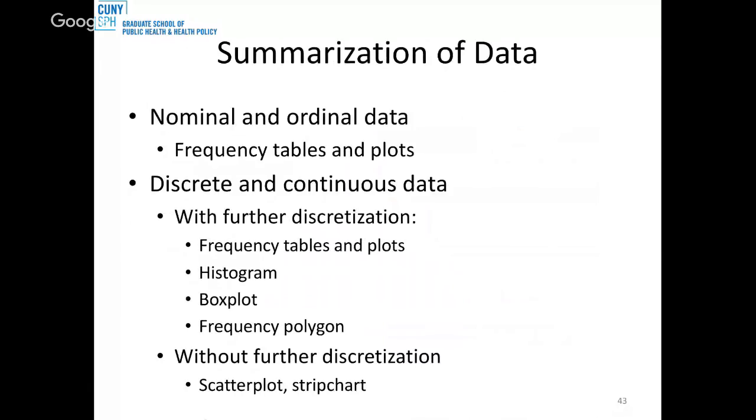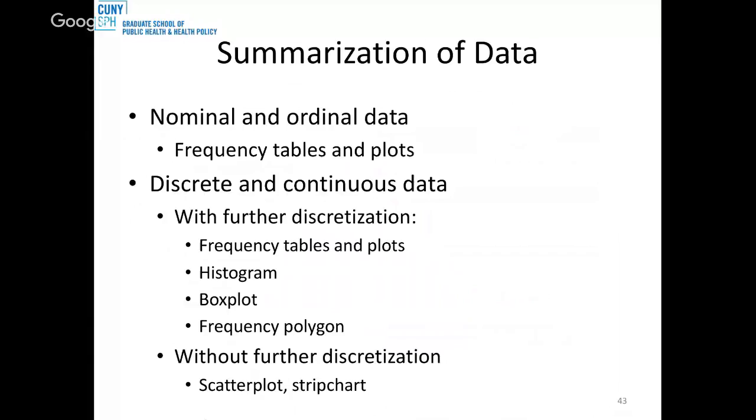To wrap up, we covered the key types of data, starting with nominal and ordinal data, along with ways to summarize those: the frequency tables and the pie and bar plots. For discrete and continuous data, we talked about how to show them exactly.